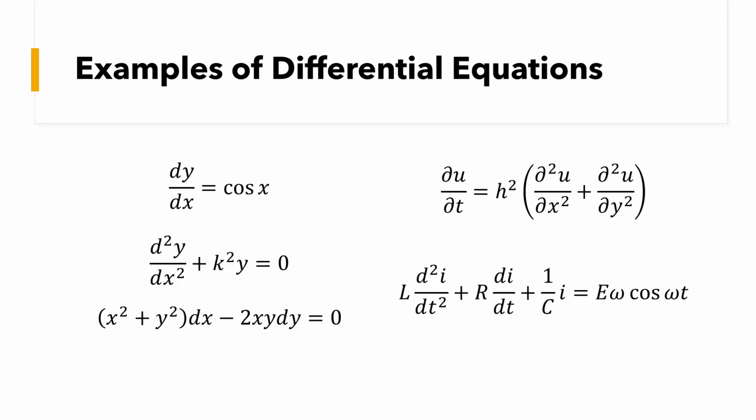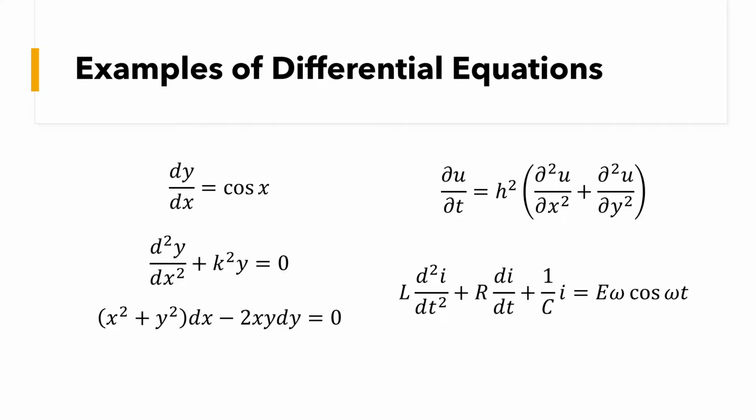This is another example of a differential equation. Particularly, this is an LRC, or inductor-resistor-capacitor, equation. It describes the relationship of the three when we get the value of the voltage; E omega cosine omega t is the output voltage, as we can say.